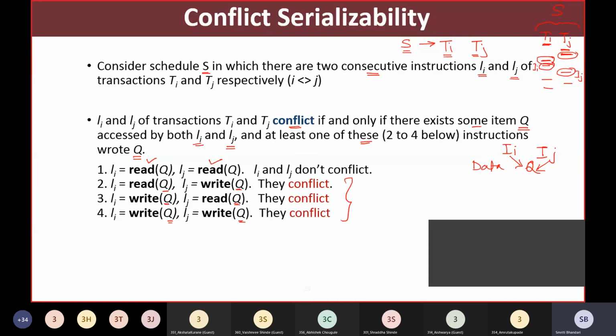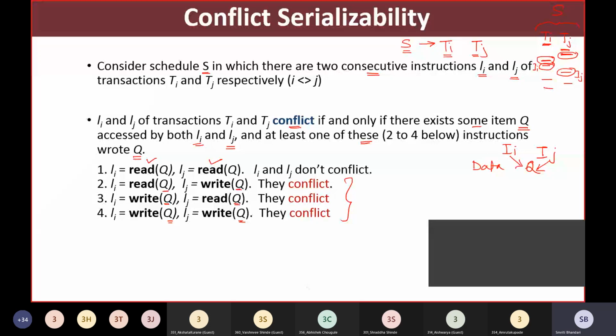So once again, I am summarizing. One schedule S, TI and TJ are two transactions participating in this schedule. II and IJ are two consecutive instructions from the schedule that belong to two different transactions, TI and TJ respectively.